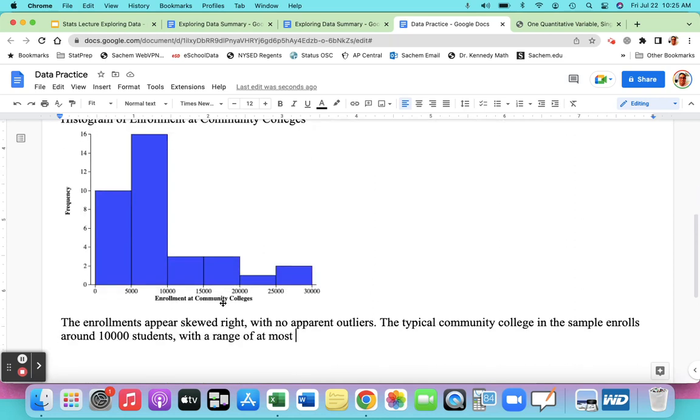So that's why I'm saying at most. The lowest possible is 0. The highest possible is 30,000. So at most 30,000 students. Okay, so that's a pretty big spread. There's a spread of 30,000 students at most between the smallest and the biggest number based on this graph. Okay, so that's shape, outliers, center, spread, SOCS. Let's look at a box plot.